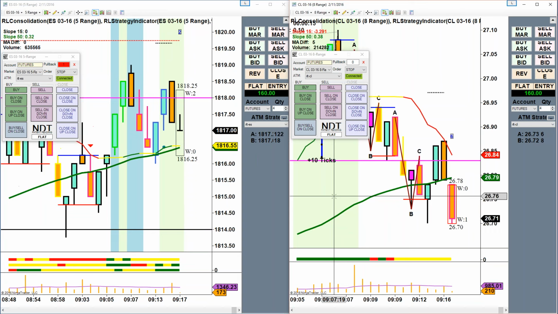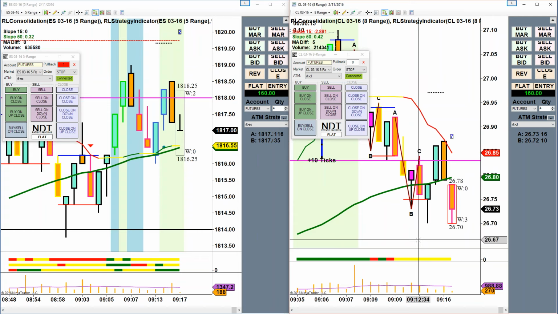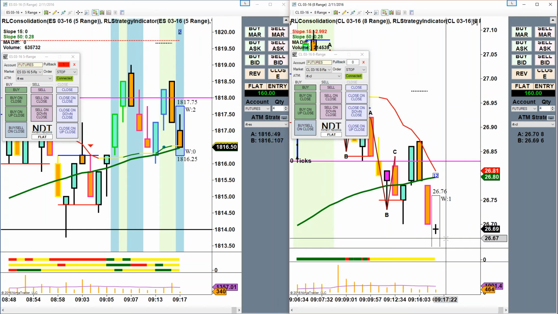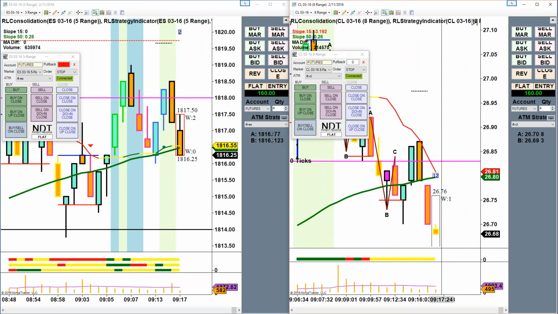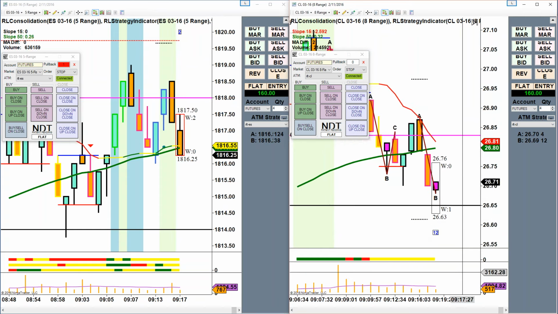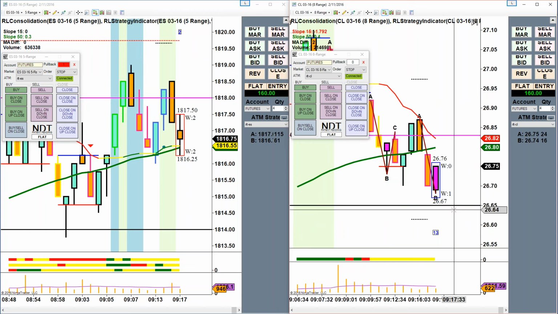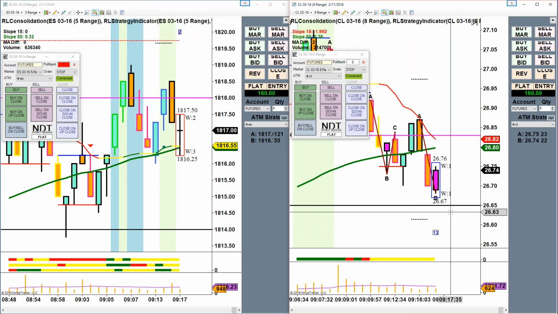Now crude's falling, and if crude breaks the point of control, the black line, here, and retraces back to it, we would have a crude short. Right now we have really nothing to trade on crude.